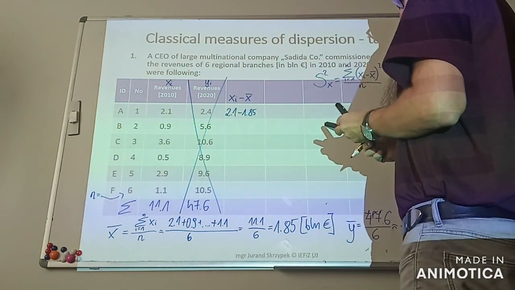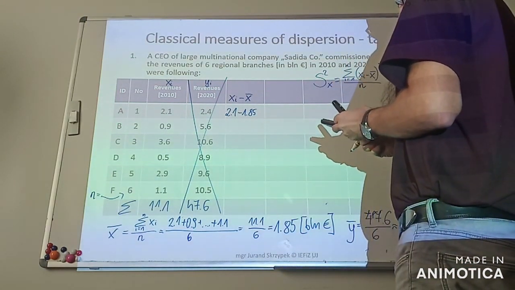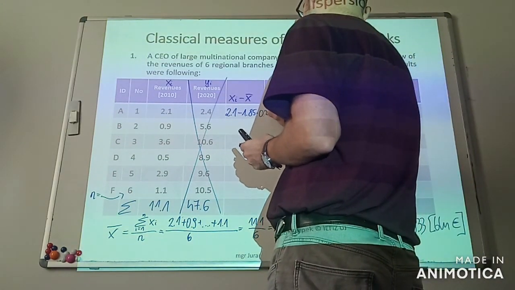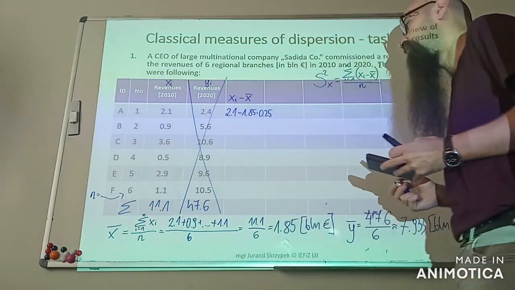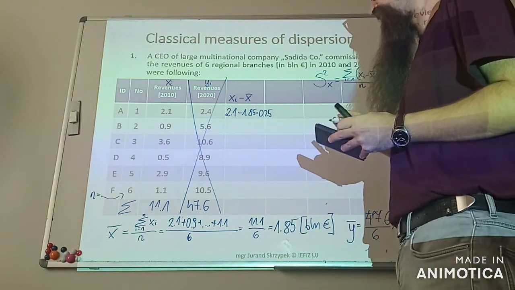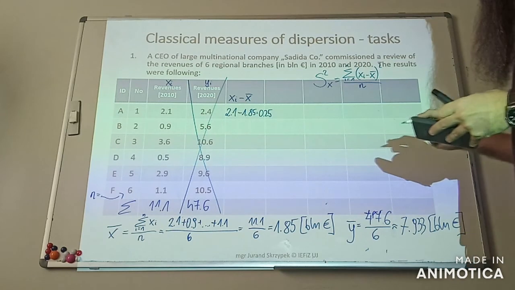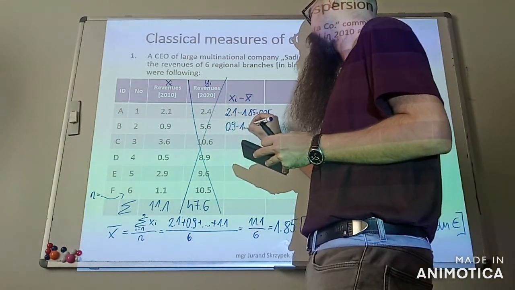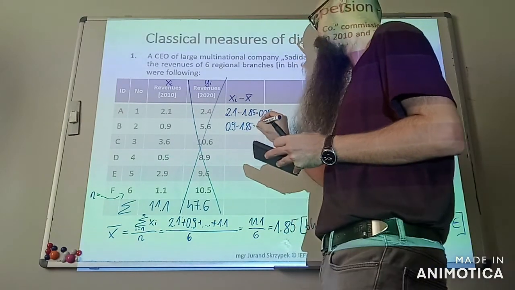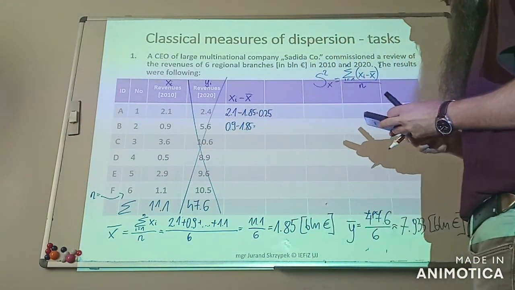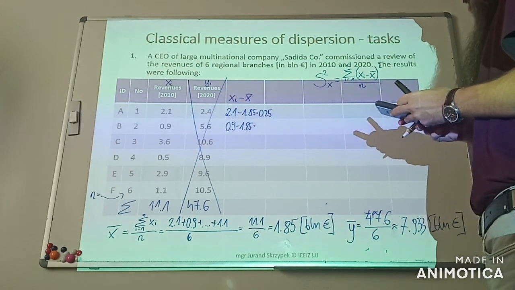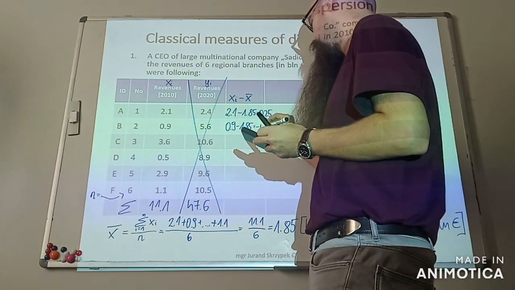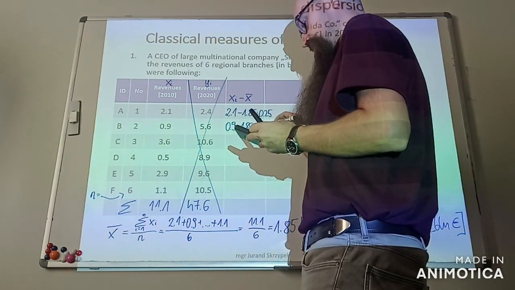Well, 2.1 minus 1.85 is of course 0.25. This is the first deviation. The second deviation is 0.9 minus 1.85. The second deviation is minus 0.95.